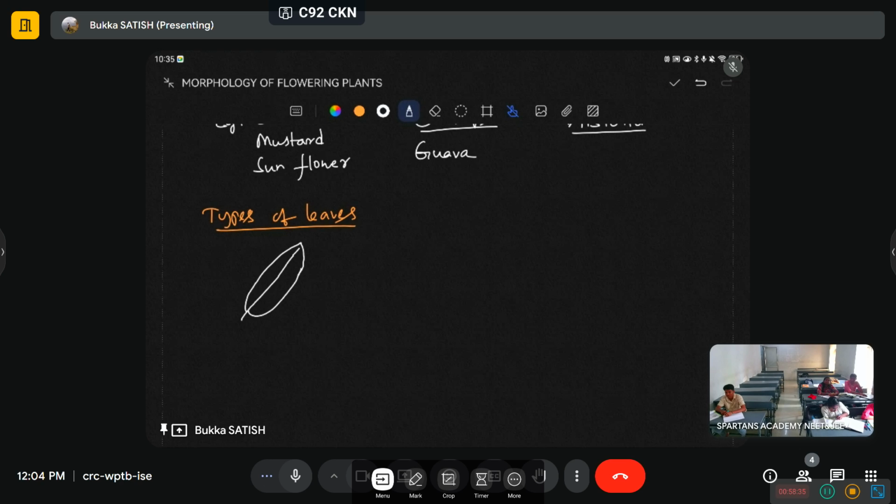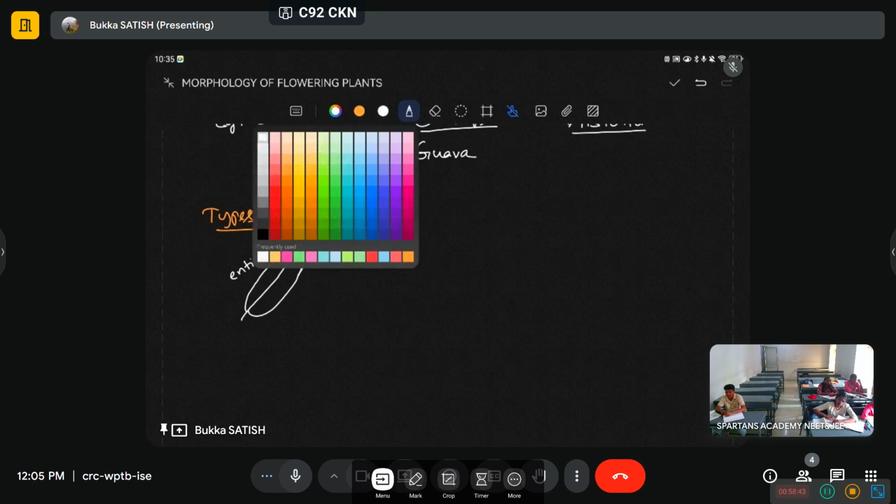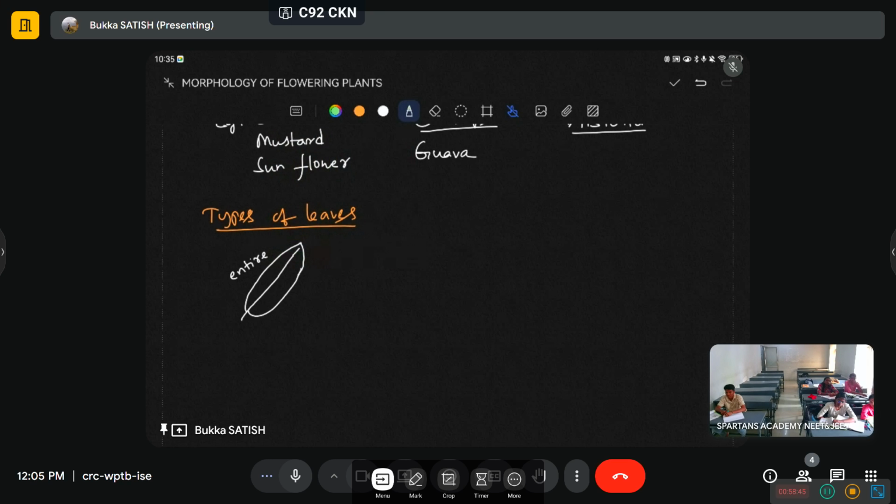This is the lamina, right? The lamina's margin is there, no? It is entire. If you don't understand this, it will be difficult later. Just see, entire means there are no incisions. The leaf is not having any kind of incision. A smooth surface means it is a complete surface. That's what we call entire.